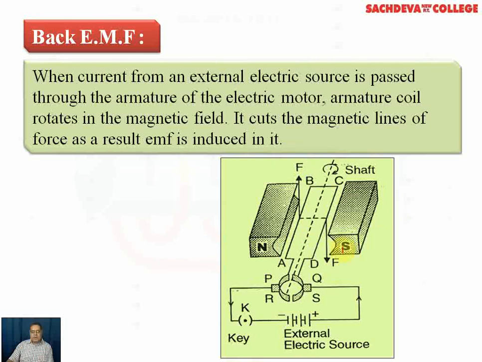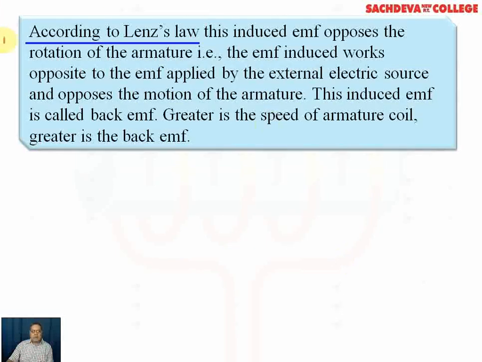When the coil rotates, the lines of forces will be cut. Due to the cutting of the lines of forces, there is a rate of change of flux, which will give rise to induced EMF, and that induced EMF will be equal to minus d phi by dt. According to Lenz's law, this induced EMF opposes the rotation of the armature, because the armature is cutting the lines of forces, that is, changing the magnetic flux.